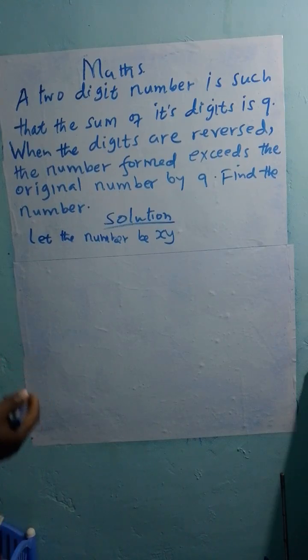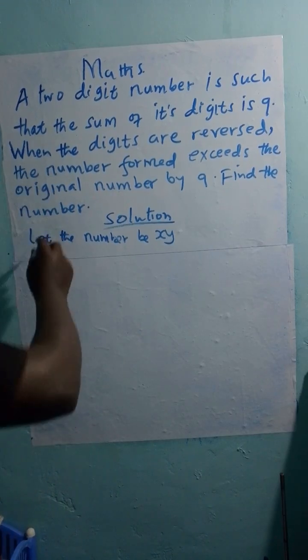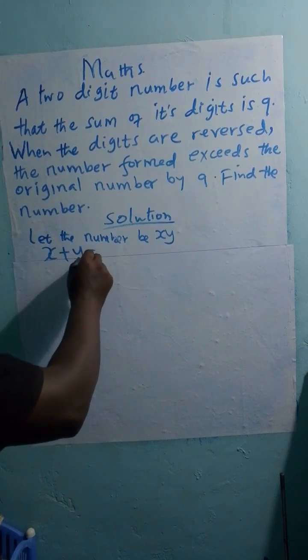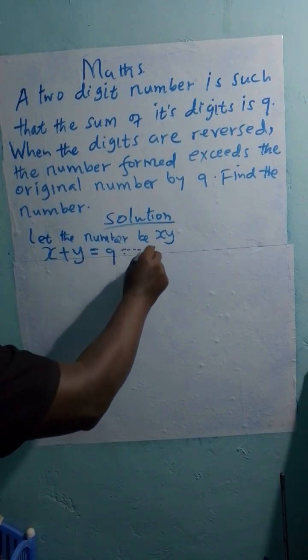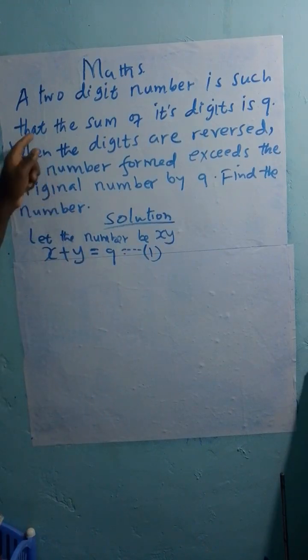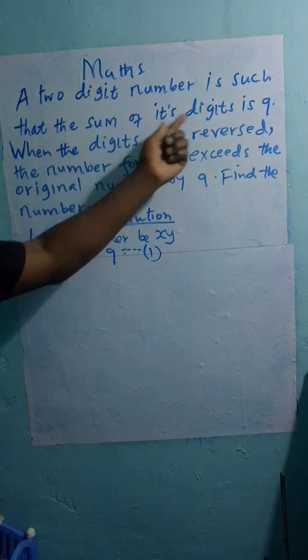So the sum is to add. It means that x plus y is equal to 9, and that one forms our first equation. So x plus y is equal to 9 from this statement, the sum of its digits.